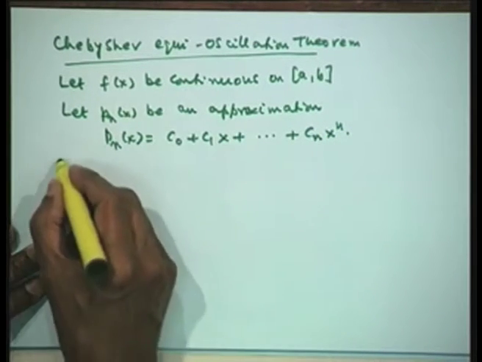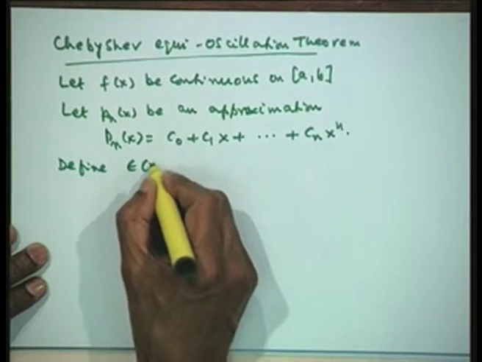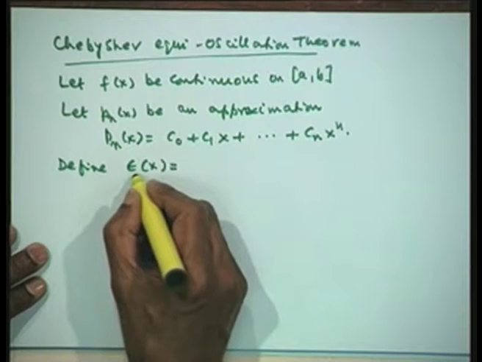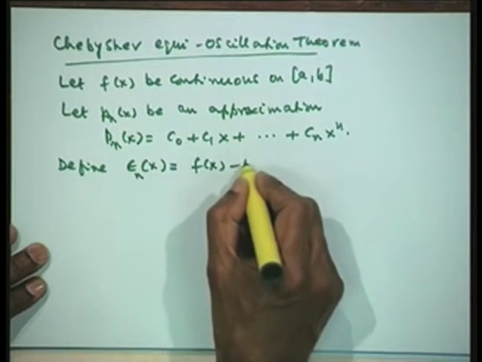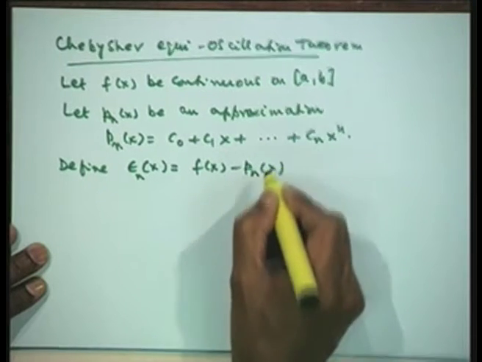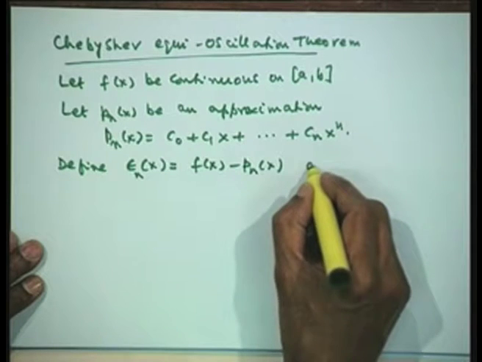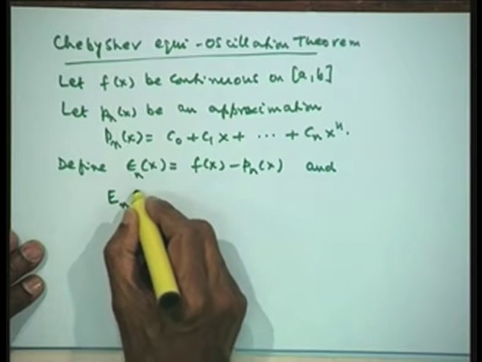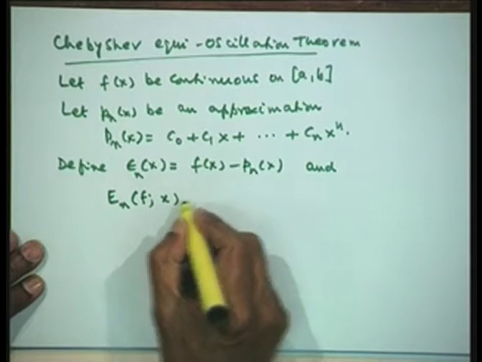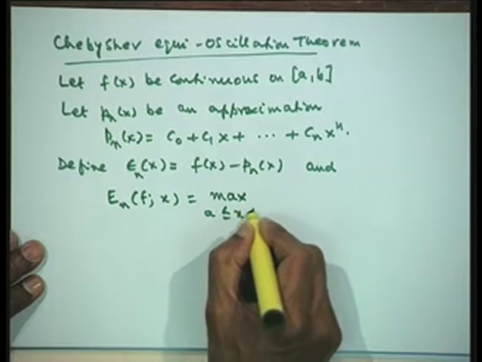Then we define the error, epsilon x, which is epsilon n x, as f x minus p n x, and the maximum value we will denote by capital E. So, E is equal to the maximum of this error in the given interval.